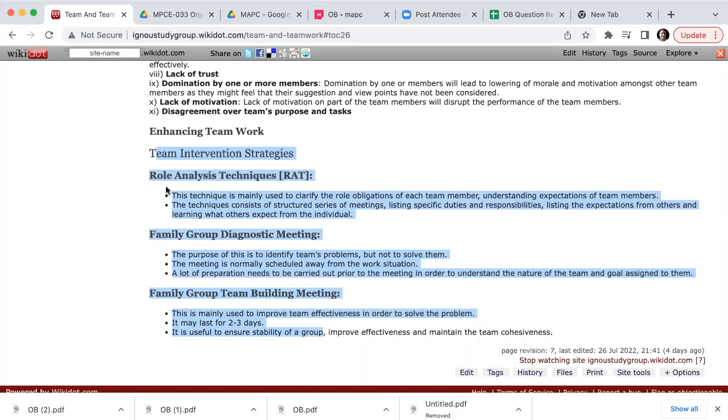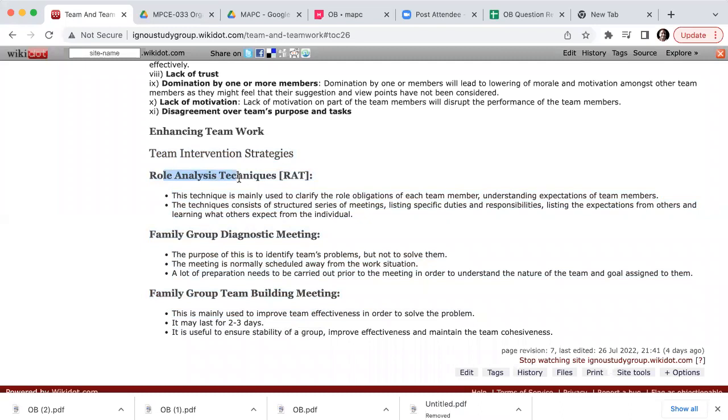If something goes wrong because role clarity is not there, you are going to bring something called a role analysis technique, where you analyze the role structure within the team, whether there are clear expectations, whether specific duties are known or not, etc. So basically here you are analyzing your roles and responsibilities within the team.